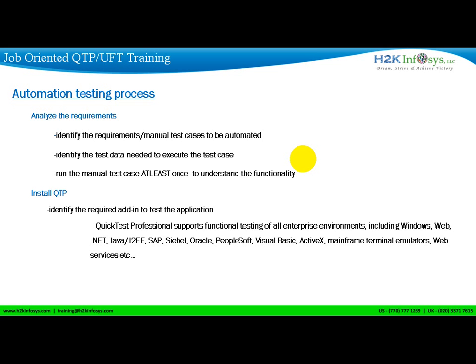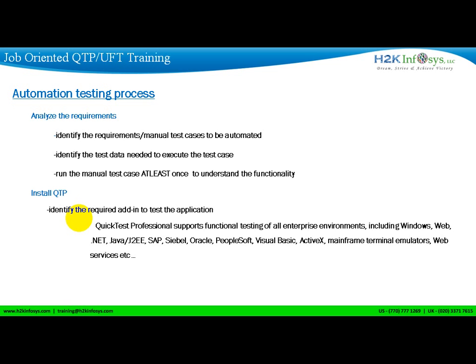And once you identify, okay, these are the requirements or the test cases that have to be automated, the next step is you're going to identify what add-ins are required for your application under test. There are different add-ins available with QTP, but you are going to look at which add-in works best for your application.